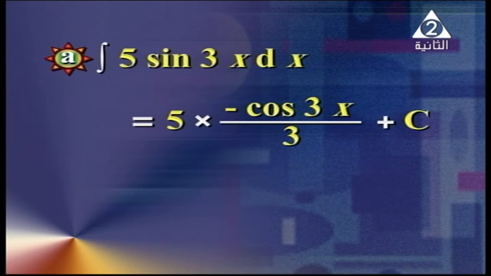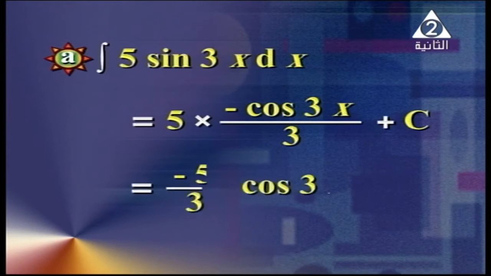But in this case we have sine 3x, so we find the integration of sine 3x as negative cosine 3x divided by the coefficient of x, which is 3. Then the answer is 5 multiplied by negative cosine 3x over 3 plus c. The answer is negative 5 over 3 cosine 3x plus c.